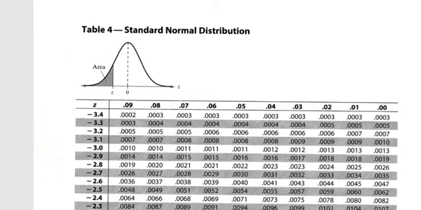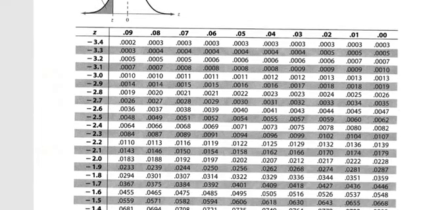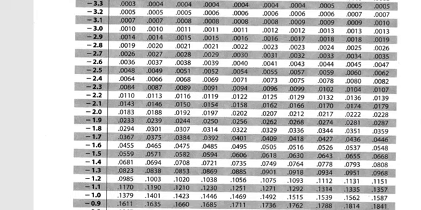Here I am at table 4, and I want to scroll down and look in the body of this table to see if I can find as close to 0.08 as I can. And when I scroll down, I see this value of 0.0793. I also see 0.0808. And actually the 0.0793 is the one that's closer.